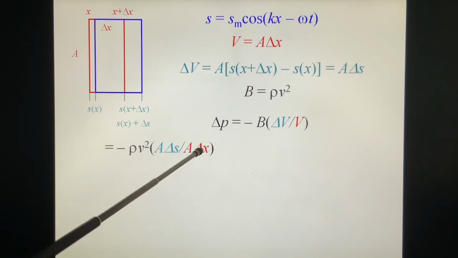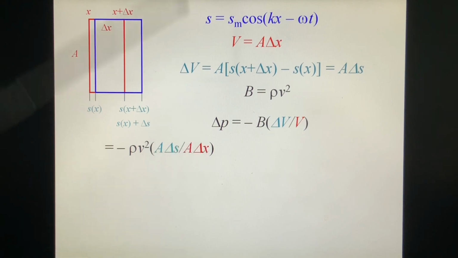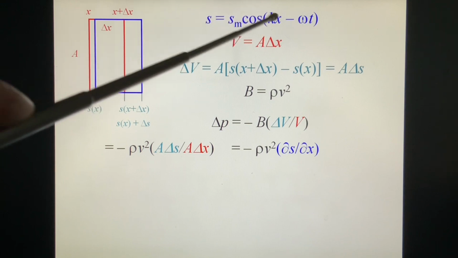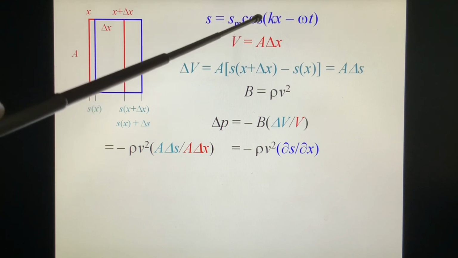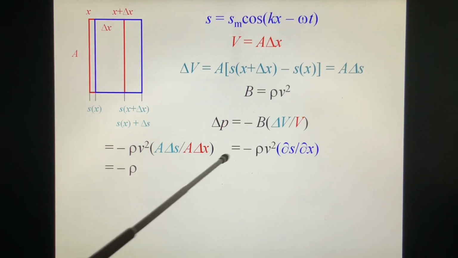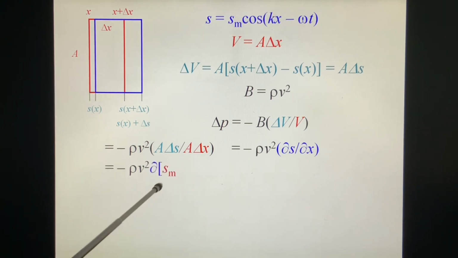Delta S over delta X we can write as the derivative of S with respect to x. We take the derivative of Sm cosine(kx minus omega t): because of the minus sign and you have a k outside, you get minus rho v squared k.